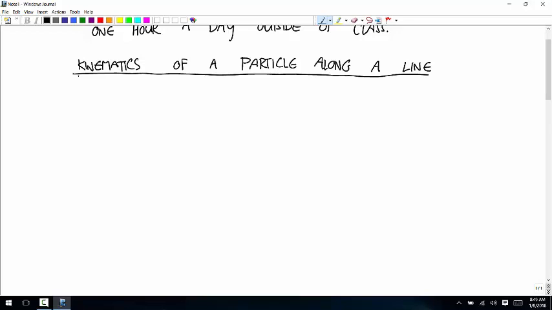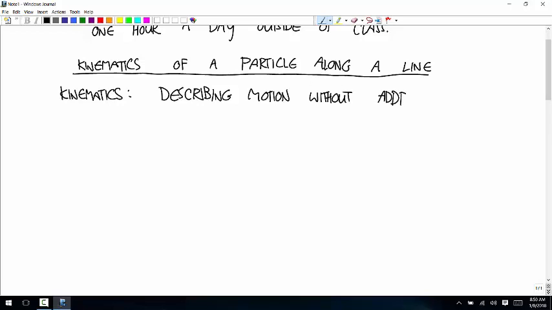Okay, good. But we have to talk about what kinematics means, and we have to talk about what a particle is. So first, kinematics. Kinematics means describing motion without addressing the causes of the motion.